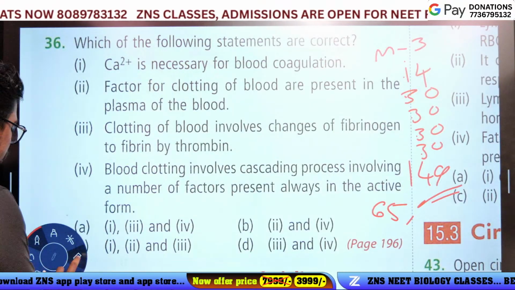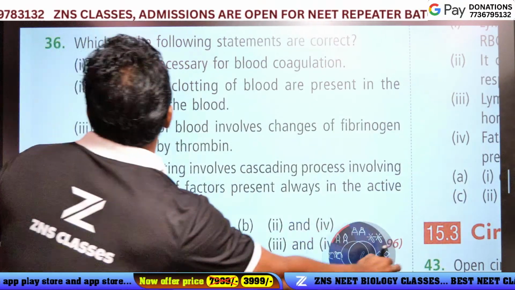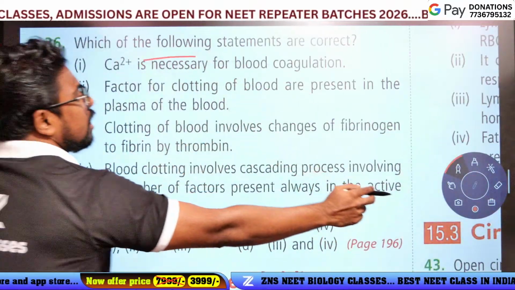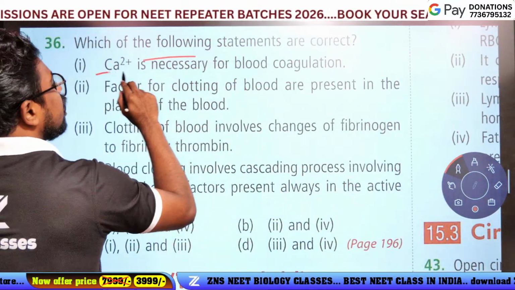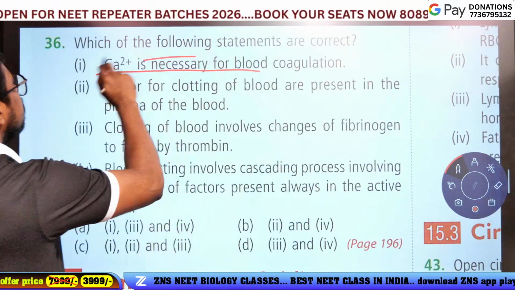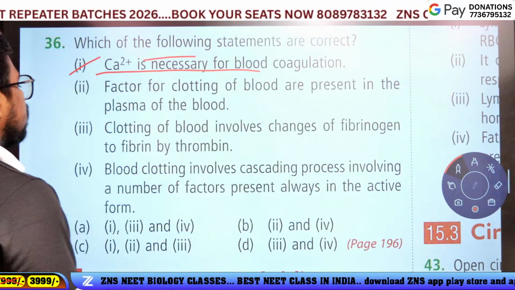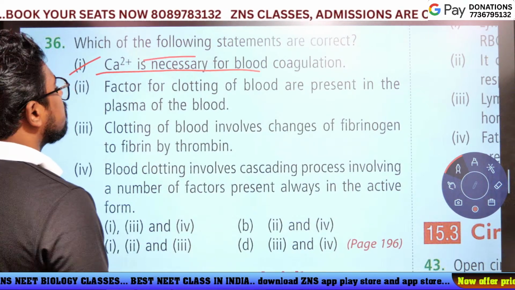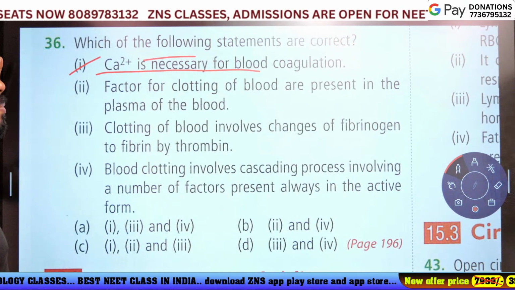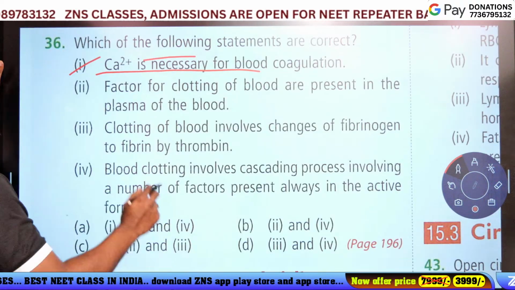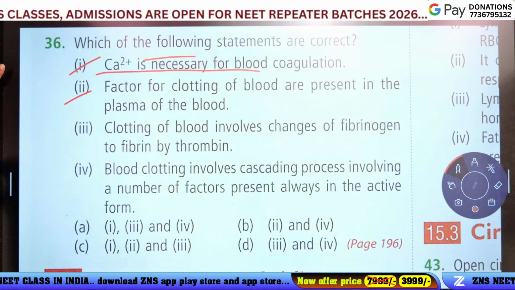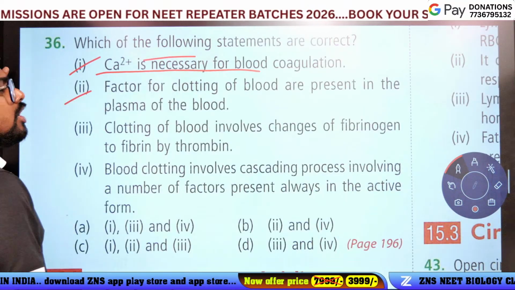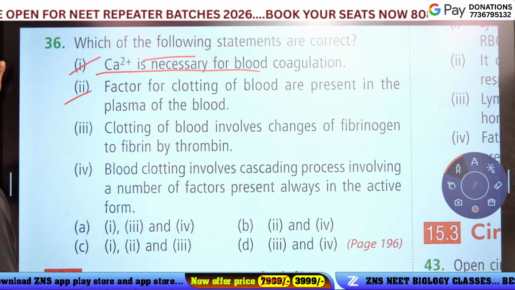Come on, guys. Next question. Which of the following statements are correct? Calcium is necessary for blood coagulation. Correct. The factors for clotting blood are present in the plasma in the blood. Correct. The clotting of blood involves change of fibrinogen to fibrin by thrombin.